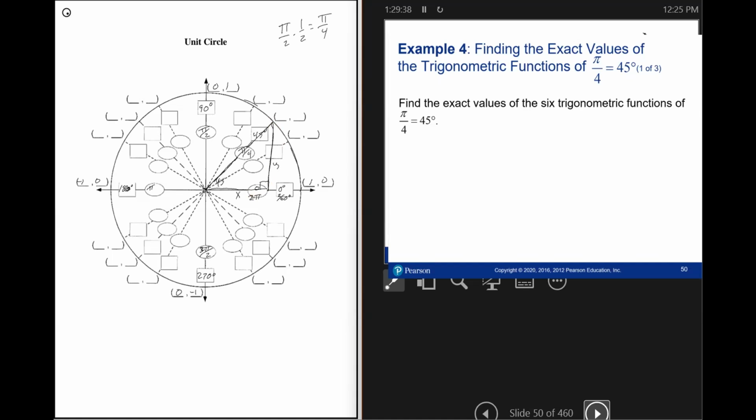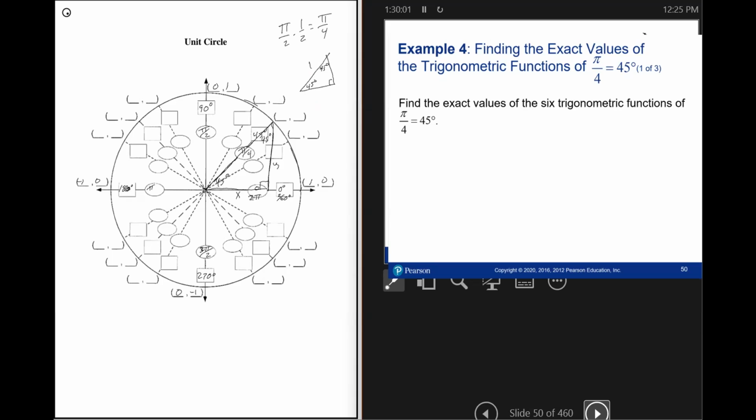And if this is 45 degrees, that means this one up here also has to be 45 degrees. So now I have a 45-degree right triangle, which is an isosceles right triangle.